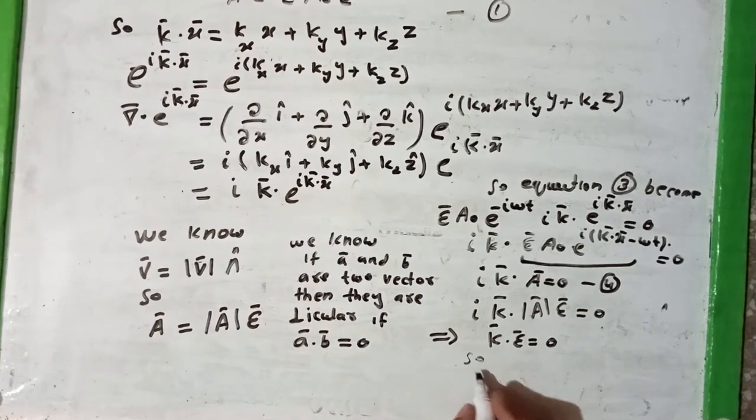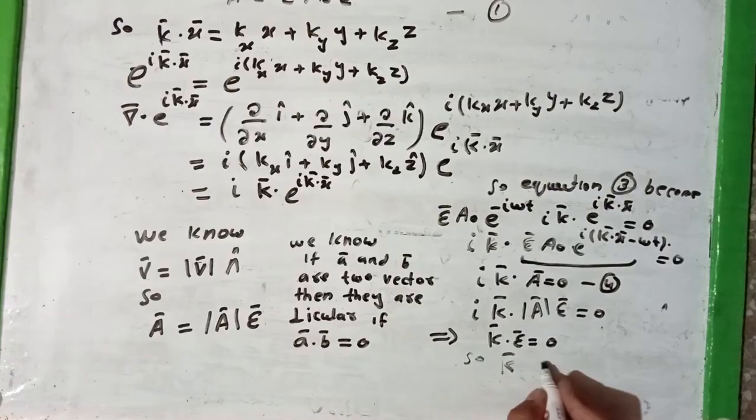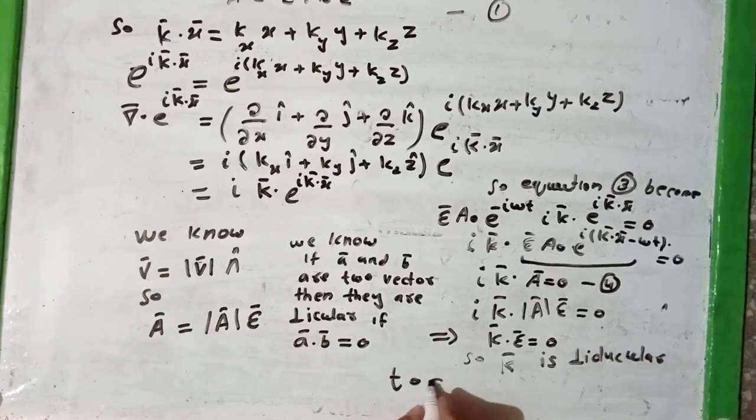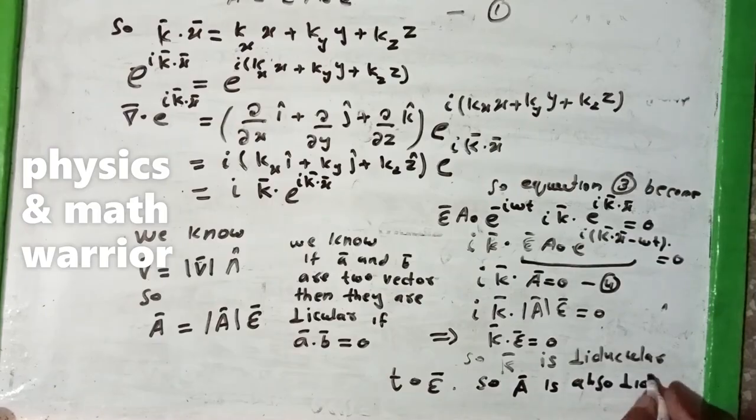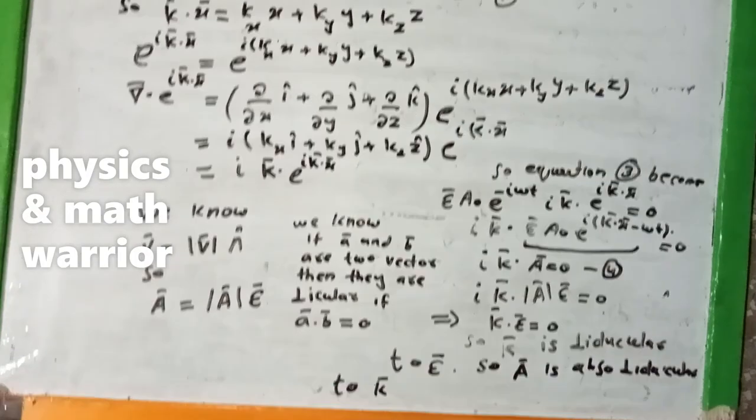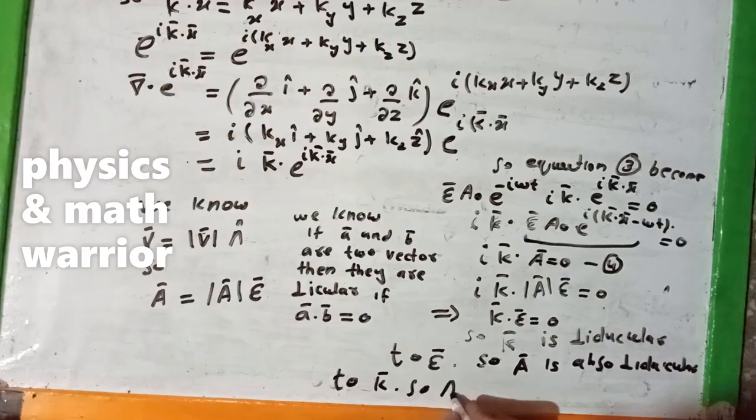So k is perpendicular to epsilon. So vector field A is also perpendicular to k vector. So A is a transverse field.